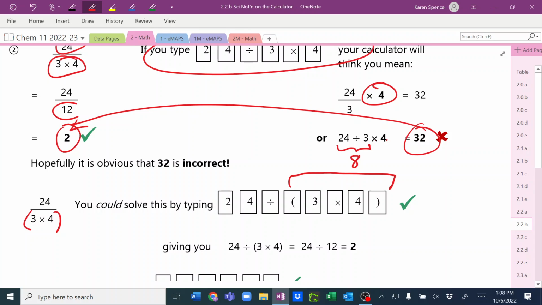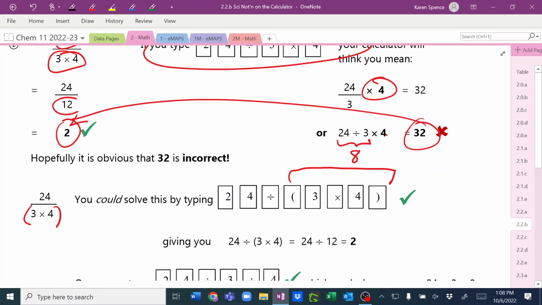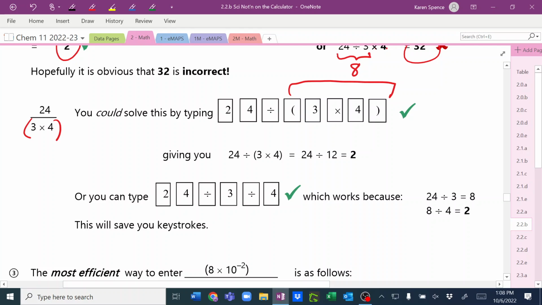But if you want to save yourself a little time, and if your brain will allow you to do this, some people it takes a little while to get there, so don't worry if it's not there for you yet. You can just type 24, divided by 3, which will divide by 3, and then just type divide by 4, and it will divide by 4.